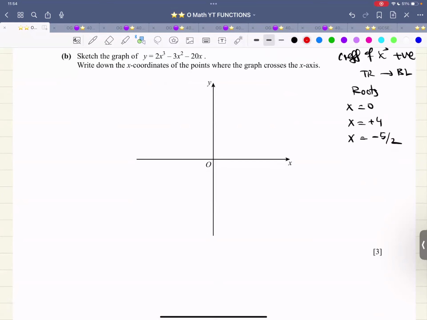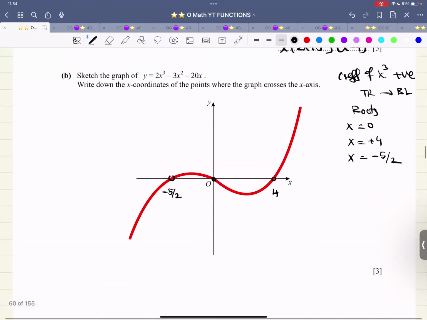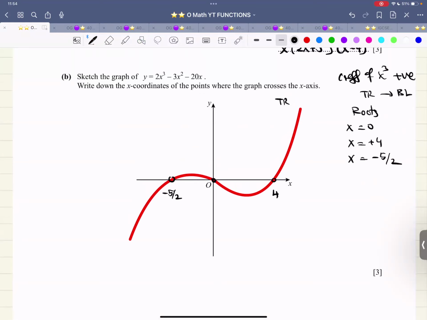And then it's like this. Okay, the first thing, that's good enough. And I think it's a perfect graph. So this is negative 5 over 2. This is 0 and this is positive 4. And that's how the graph is drawn. Top right, bottom left. All good, all clear?